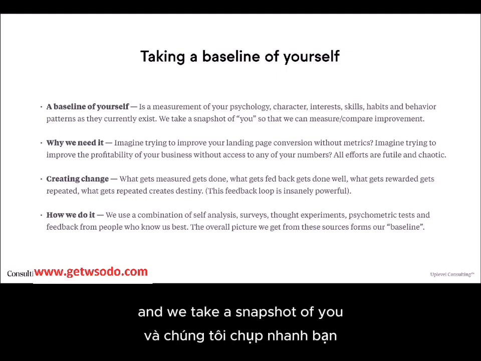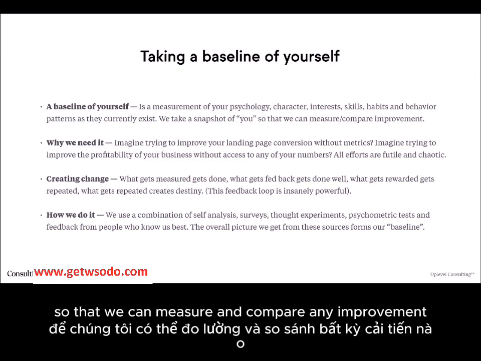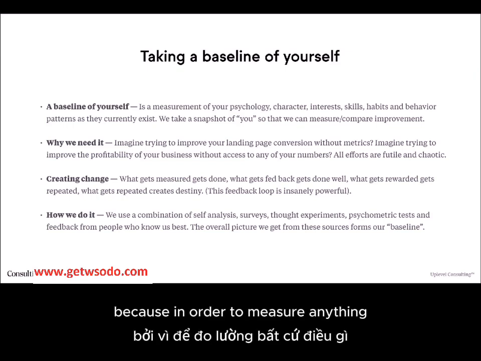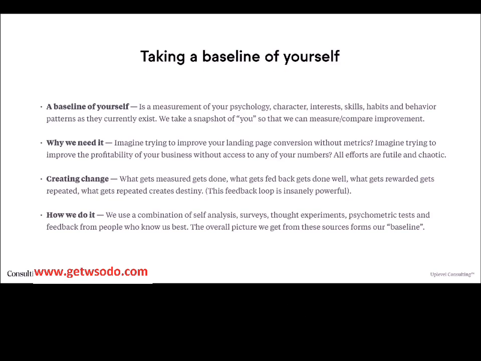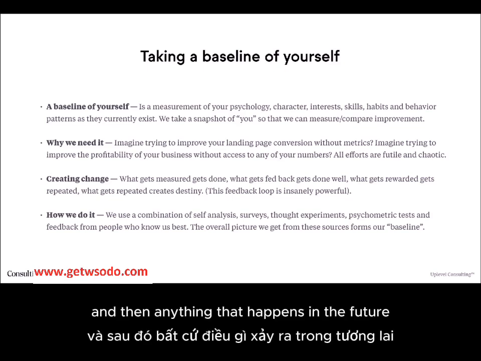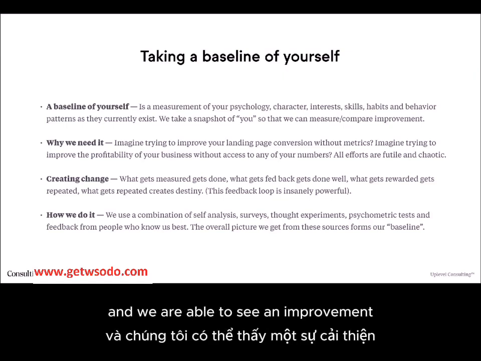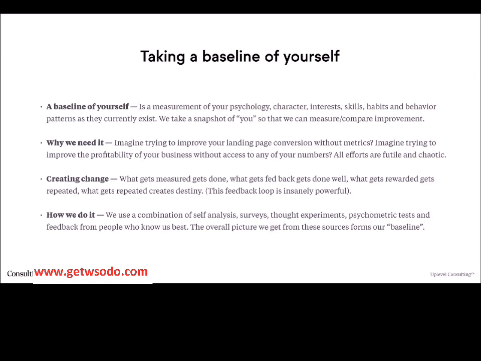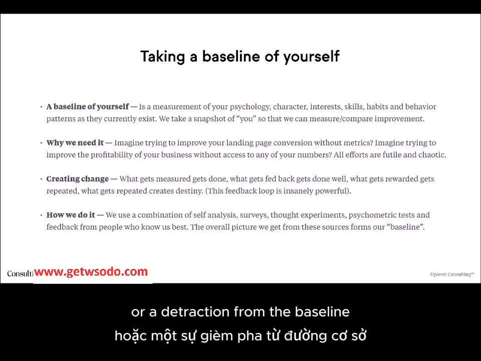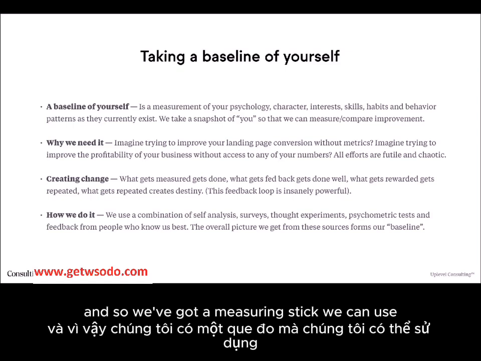And we take a snapshot of you so that we can measure and compare any improvement. Because in order to measure anything, we need a baseline. And then anything that happens in the future, we can measure again, and we're able to see an improvement or a detraction from the baseline. And so we've got a measuring stick we can use.